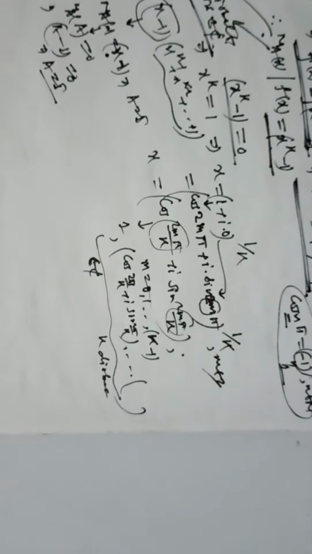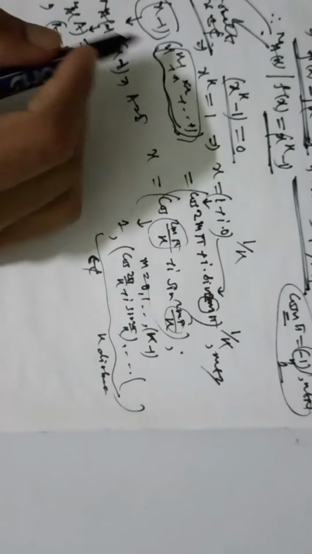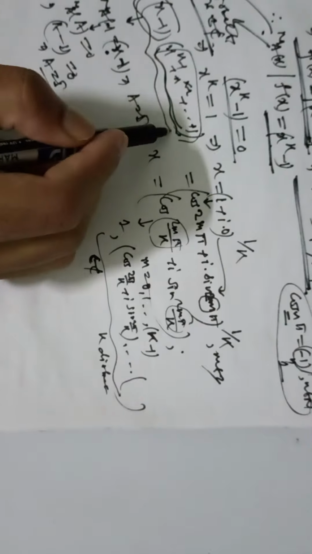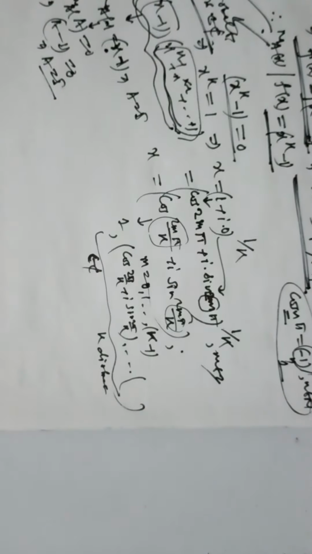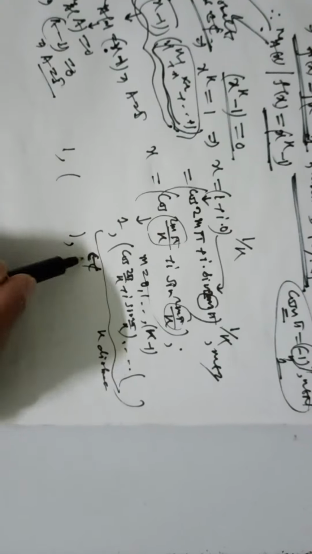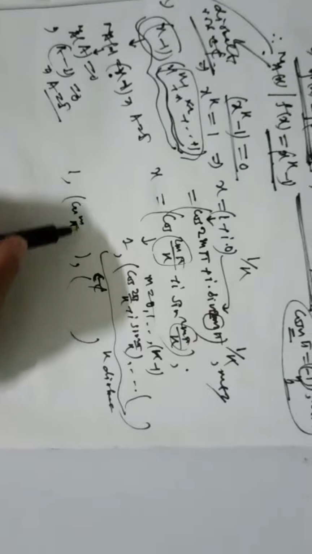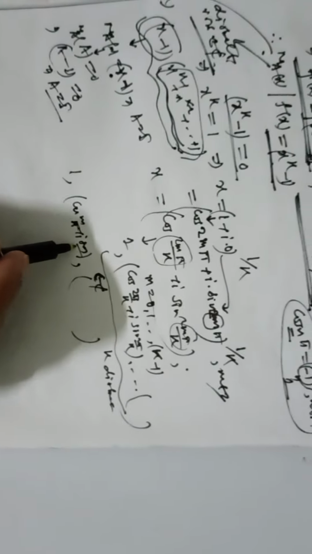But if the polynomial is the other one, or the product of these two, then it also has distinct roots, because one root is 1 and the other roots are complex, in the format cos 2m pi by K plus i sin 2m pi by K.